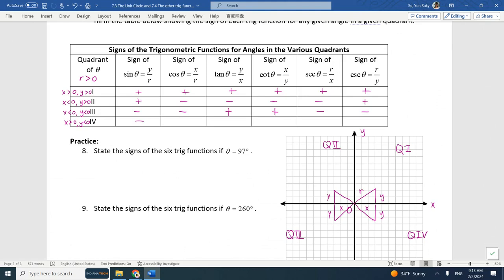Positive. And your Y is negative. And then your cosine is X over R. Again, X is positive or negative?